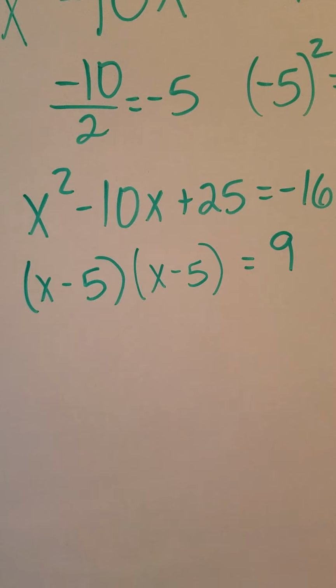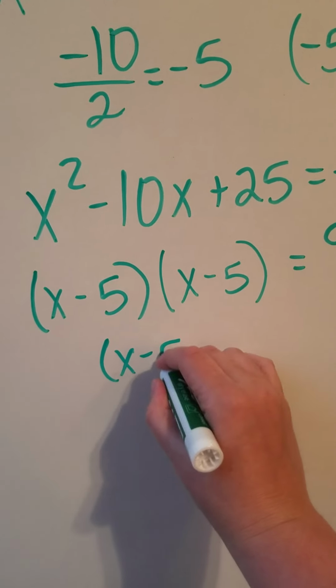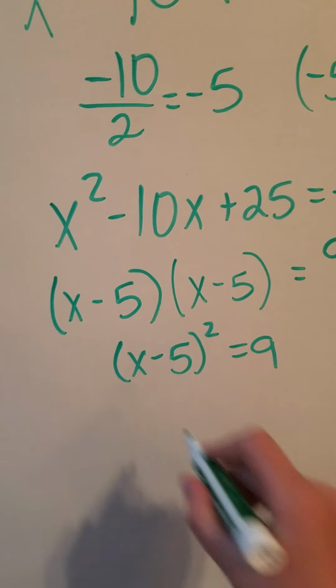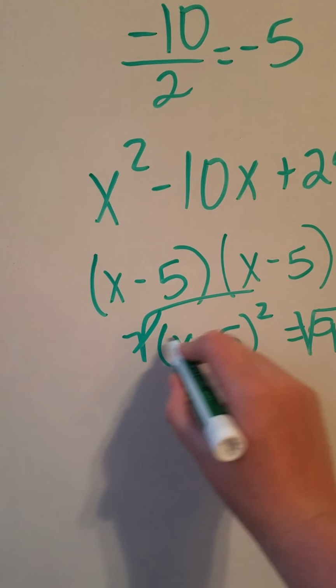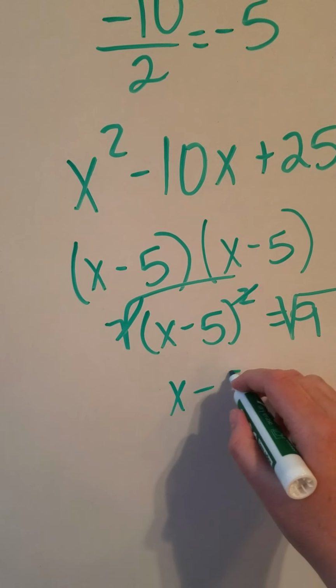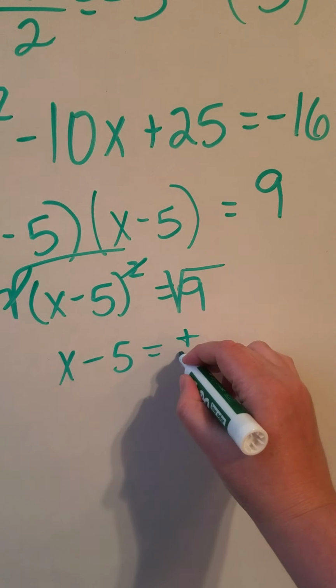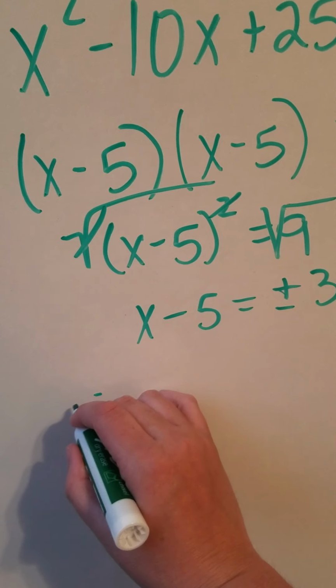Alright. From there I have x minus 5 squared equals 9. I can take the square root. Those cancel out to give me x minus 5 equals the square root of 9, which is positive and negative 3. Let's go ahead and split this up.